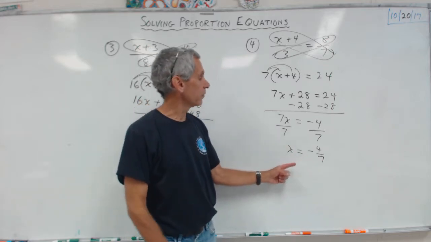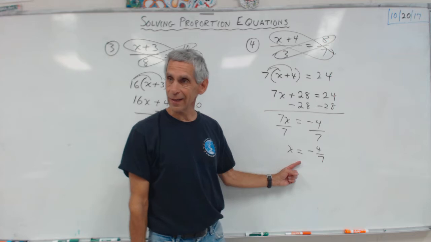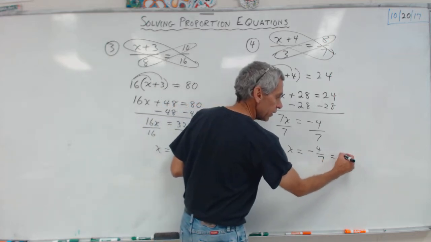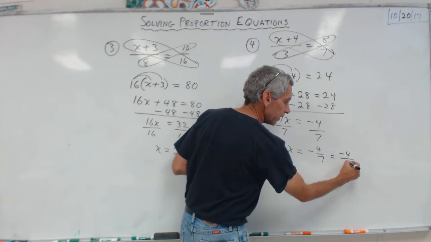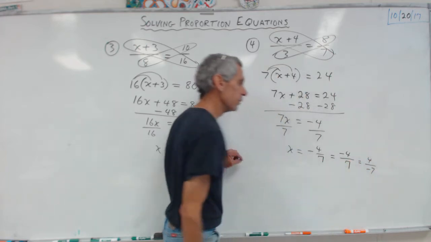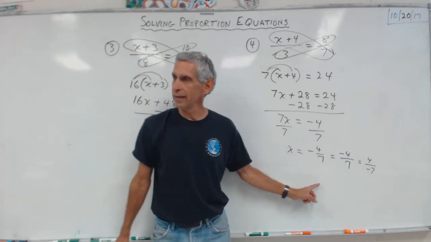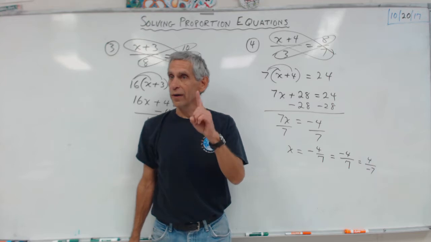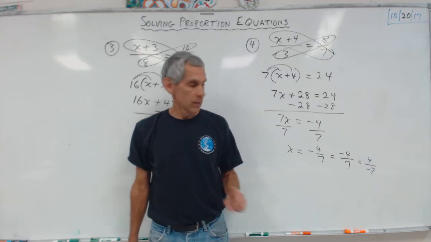So Sid, I just want to clarify something. I could write this technically as negative 4 sevenths, or negative 4 over 7, or 4 over negative 7. Right? Those are all the same thing. Each fraction has one negative sign, therefore it is a negative fraction, right?